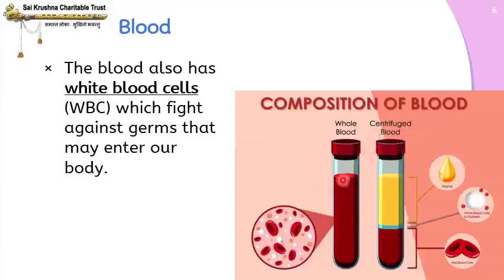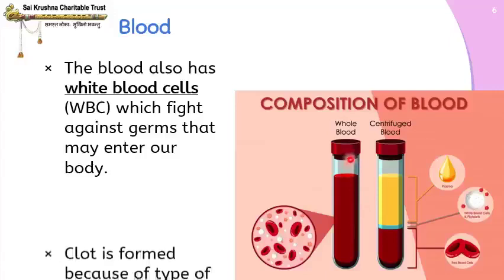So white blood cells are very, very important. Without white blood cells, we cannot fight germs. Whenever germs enter our body, these white blood cells fight against the germs. So white blood cells are a very important part of the body.